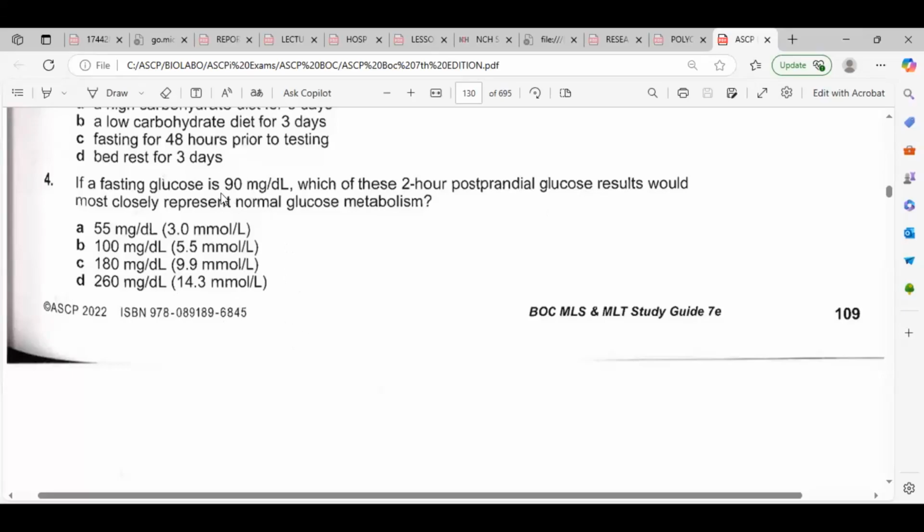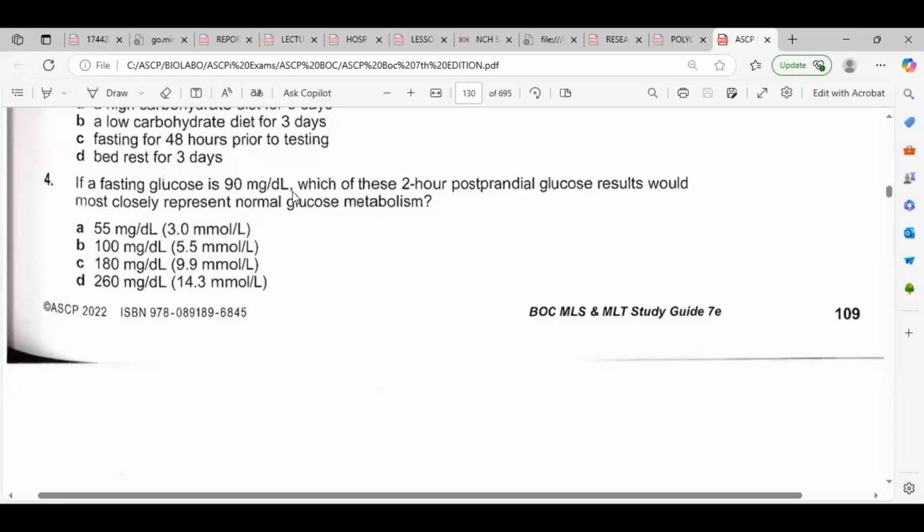If the fasting glucose was 90, you have to know the process of doing the fasting glucose test. A person has to fast for at least 8 to 10 hours, but not exceeding 16 hours. That is fasting time. Then when they come to your facility, you test for the baseline, the initial glucose concentration.